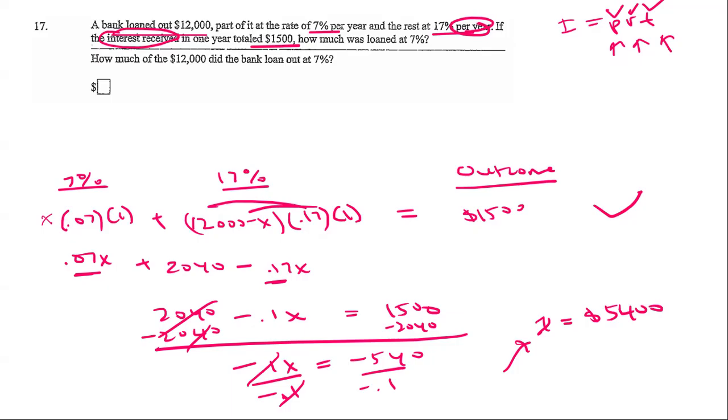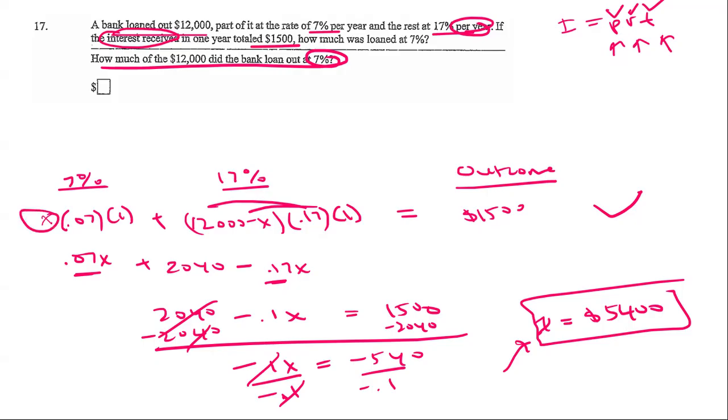And that x is the 7%, and that's what we want, right? How much of the loan did the bank loan out at 7%? Well, it's going to be 5400. So we don't have to solve for the other one because that's not what they're asking. They're asking for what is x, and that's what we just found out. Now, if they wanted to find out the 17%, then we just subtract 5400 from the $12,000 to get the rest. Okay.